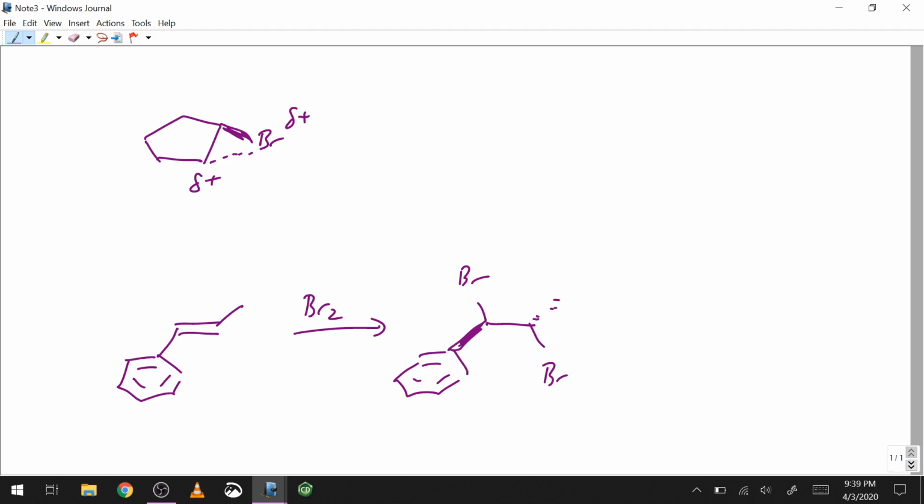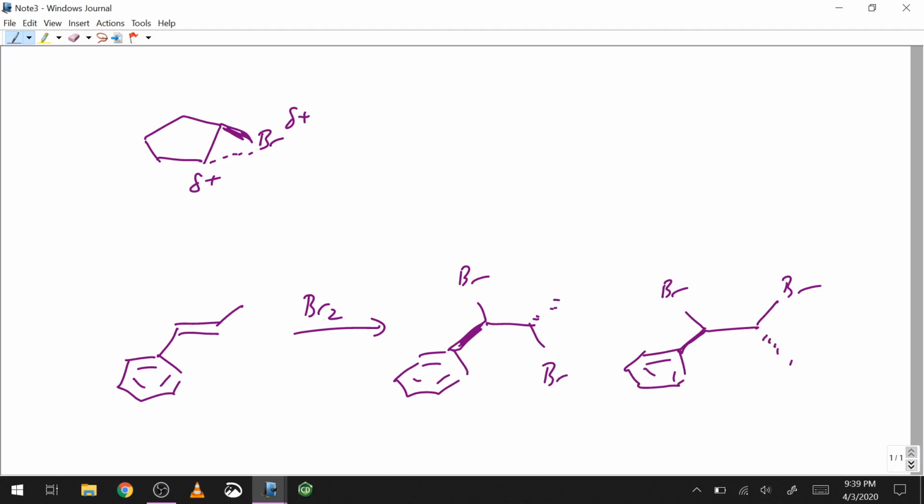But what I actually see is about 30% of what would appear to be the syn addition, which is suggesting that they both came from the same side of the alkene, like so. So how did I get there? Well, the only way I can explain that is if I do have a real cation.